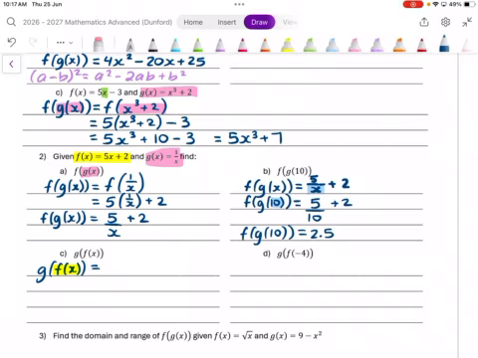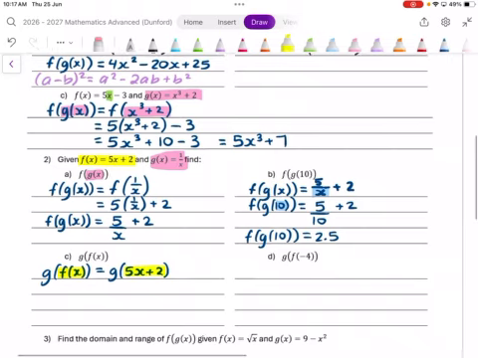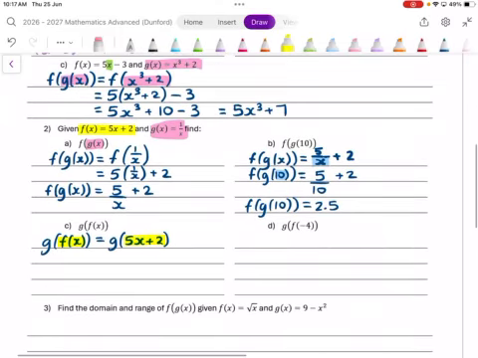So we will have g of 5x plus 2, meaning that we replace our x in g of x with 5x plus 2. So g of f of x will equal, instead of 1 over x, 1 over 5x plus 2.